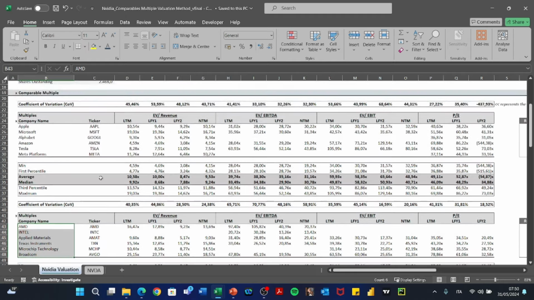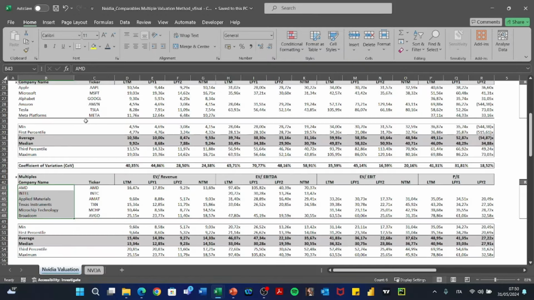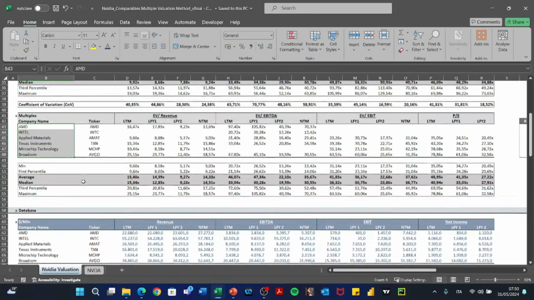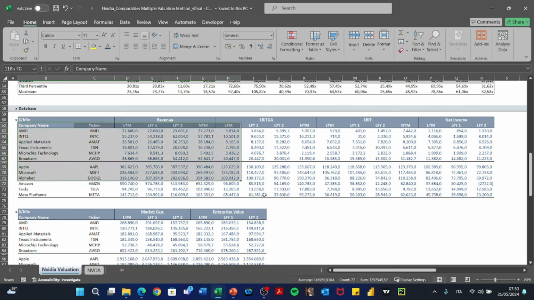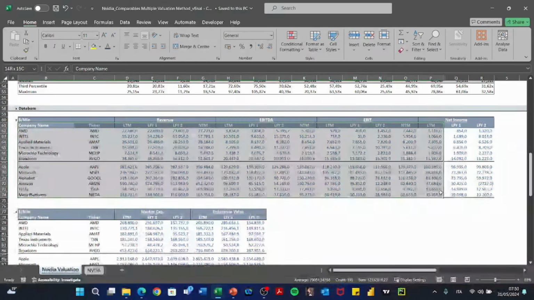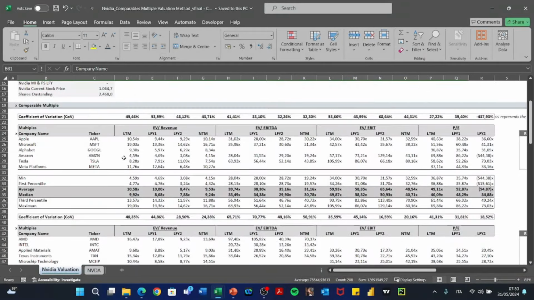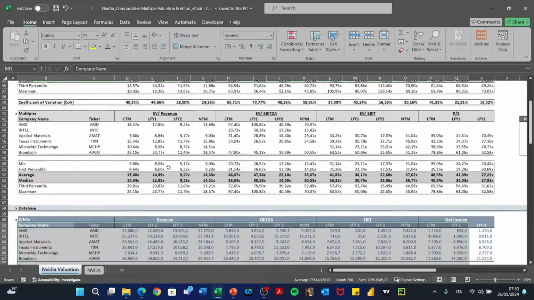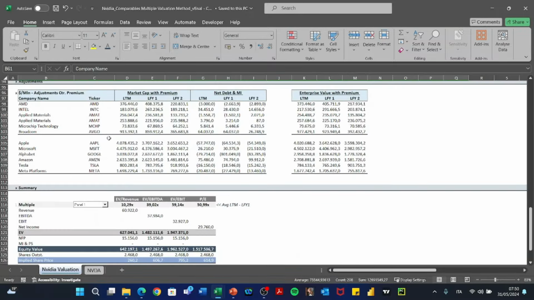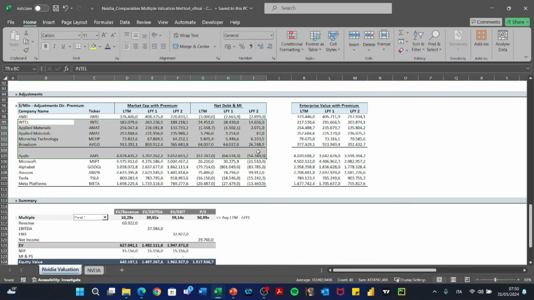So here we have the multiples of the comparable companies. Here we have all the database and financial information about the comparable companies that I'm going to use to build up multiples. And here we have some adjustments that I've made.